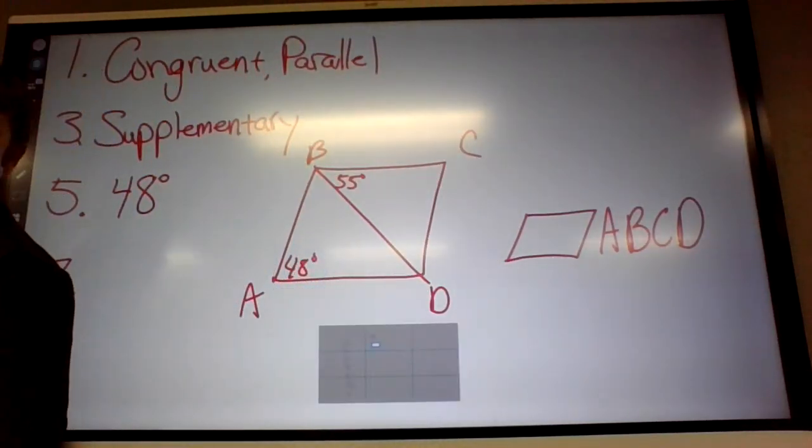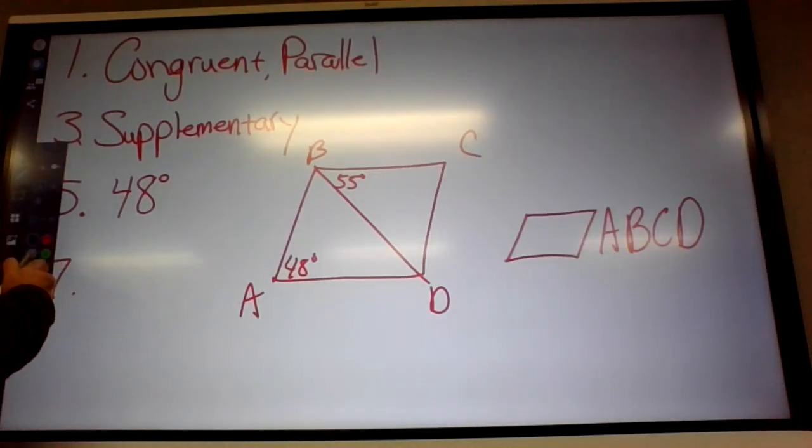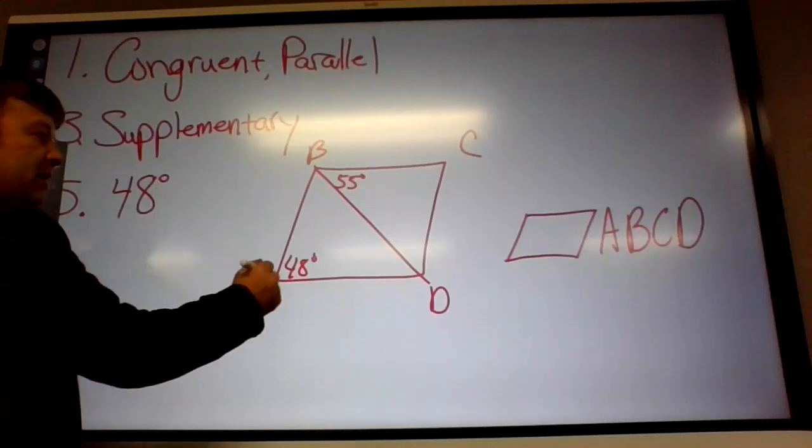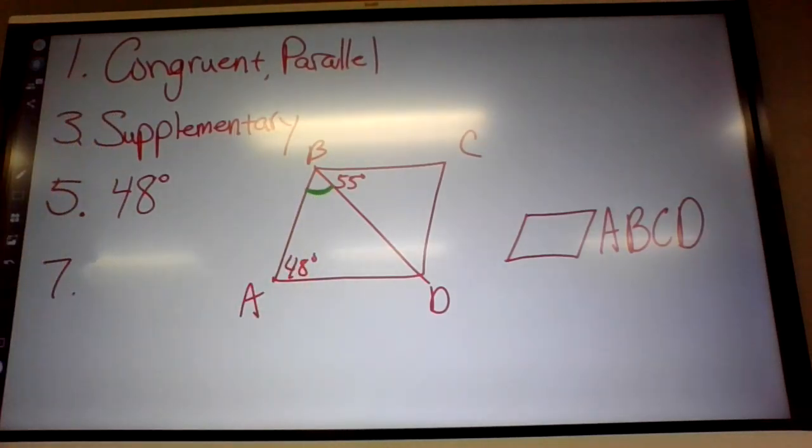Okay, number 7. This might take a little bit more brain power. Angle ABD. Right there. The 55, alternate exterior angles. Alternate interior angles, so 55.